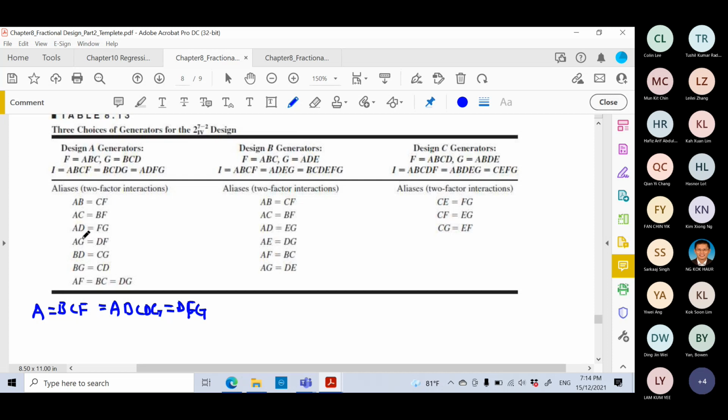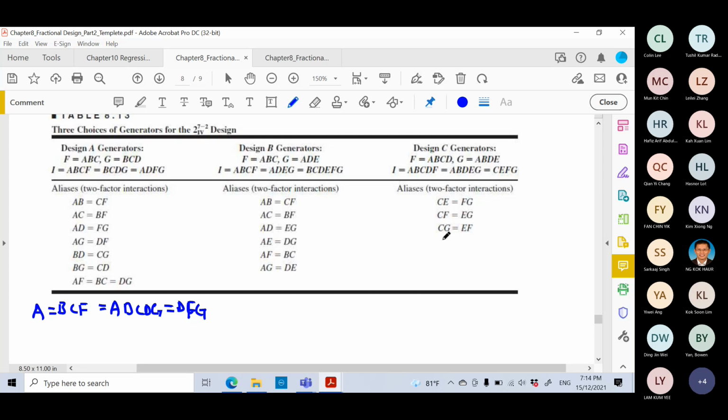Over here, you consist of 1, 2, 3, 4, 5, 6, 7, 7 of them, 7 aliased two-factor interactions. But for this one, they only consist of 1, 2, 3, 4, 5, 6, 6 of them. And for this one, they consist of 3 of them only.